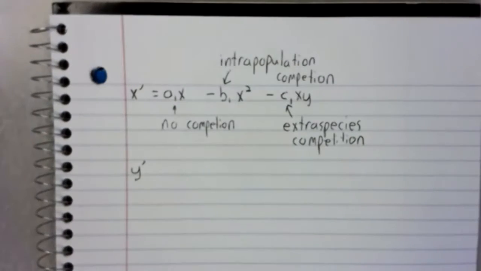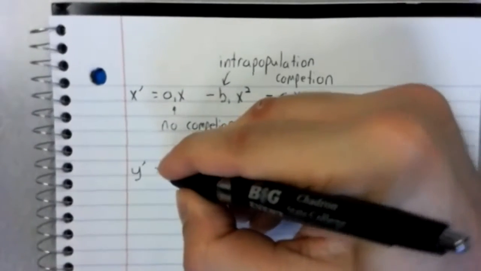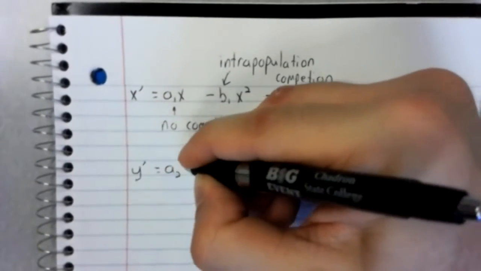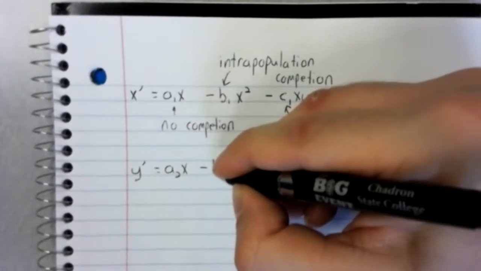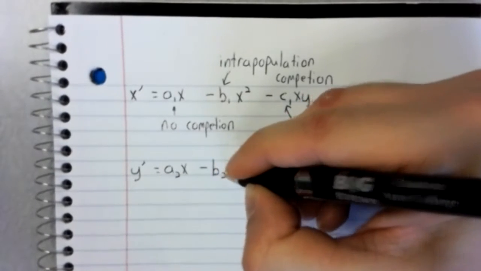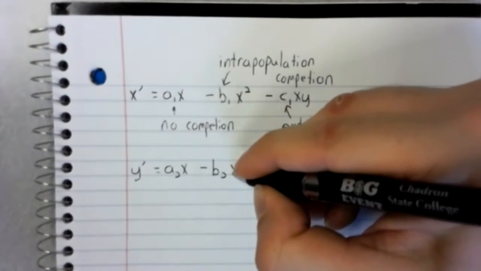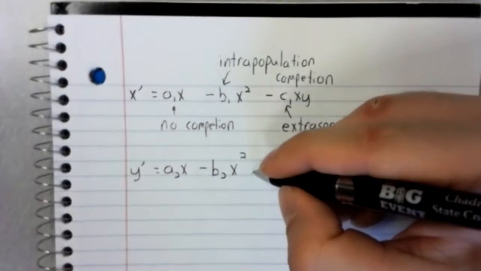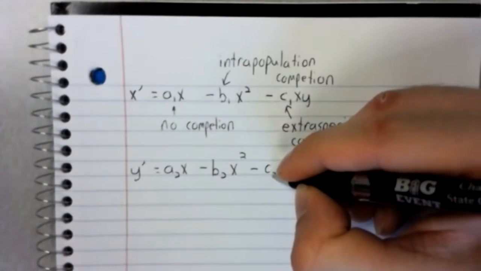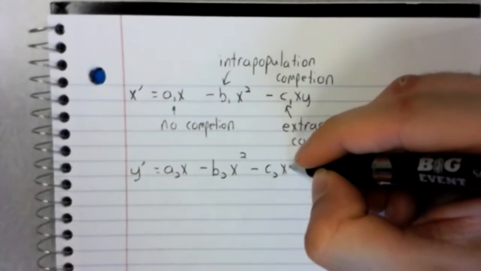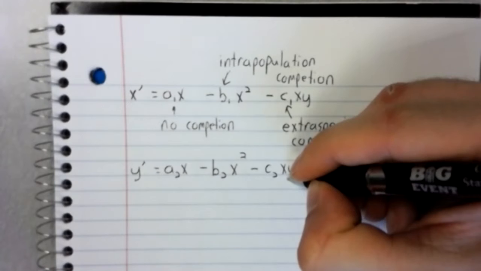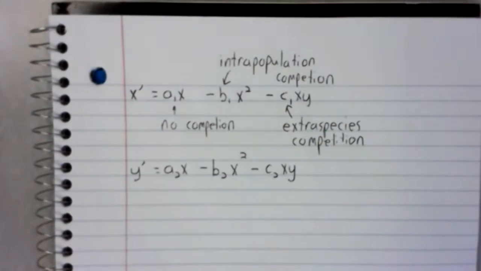And likewise, in the other equation, B sub 2 and C sub 2 are competition terms.